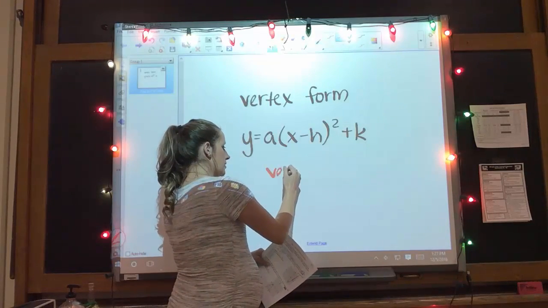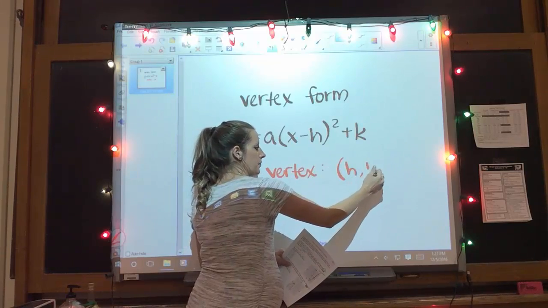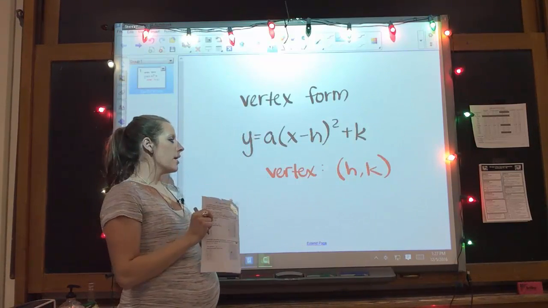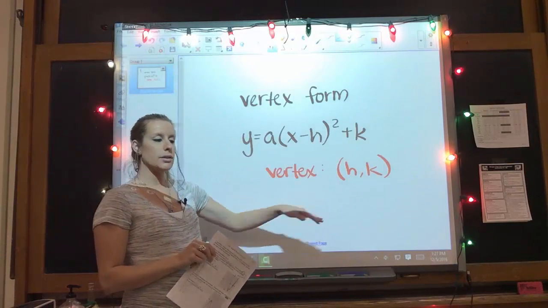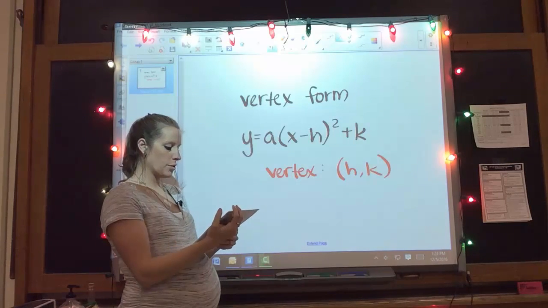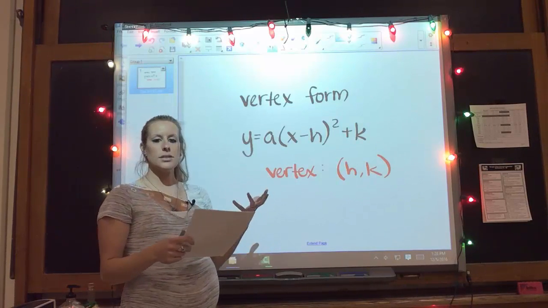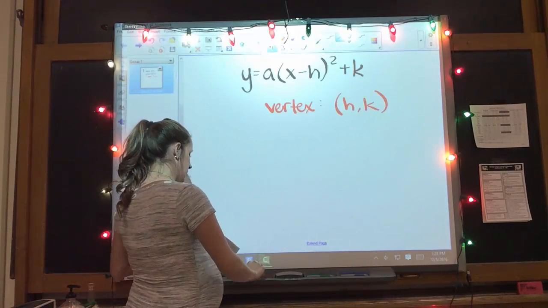Your vertex is going to be the point (h, k). And that's written up there on your notes too. And you might remember this from Algebra 1. Y'all were supposed to go over it. So let's look at the first example, and I'll show you what happens.